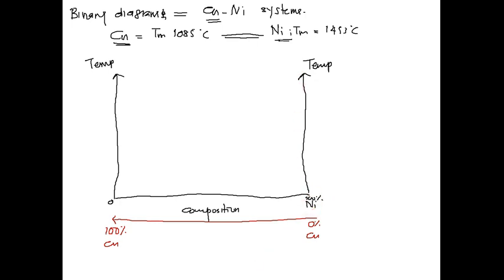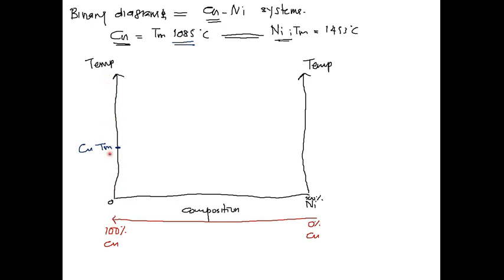So we know the melting point of copper is 1085. So it means that it is somewhere here. Let's say here will be the melting point of copper. Why copper here? Because this axis has 100% of copper.